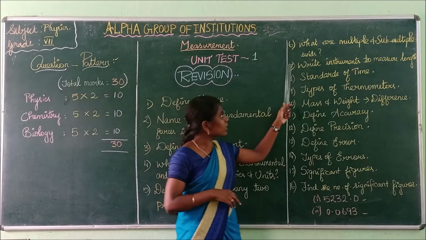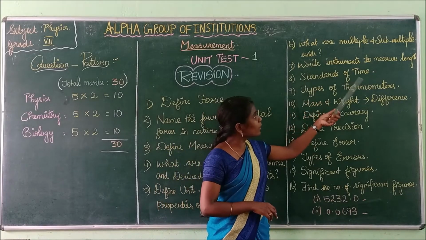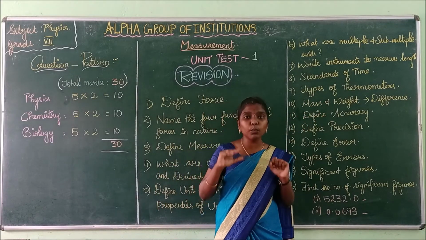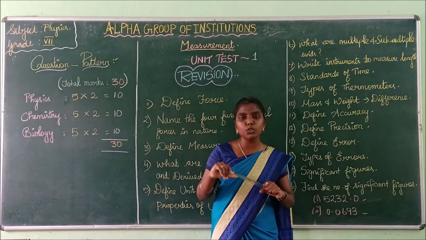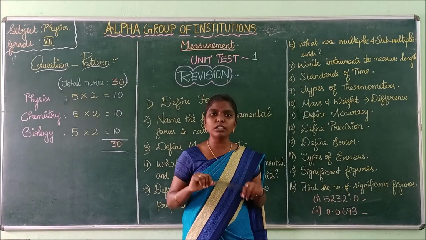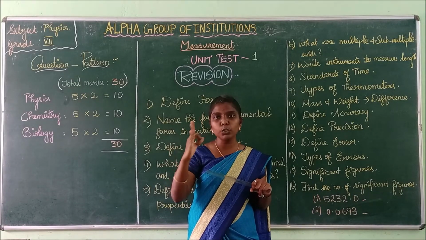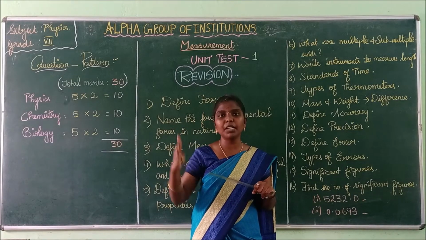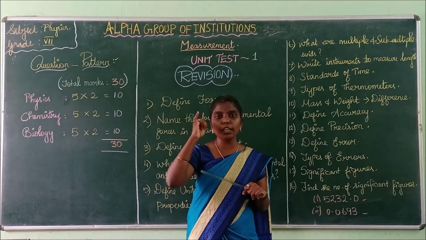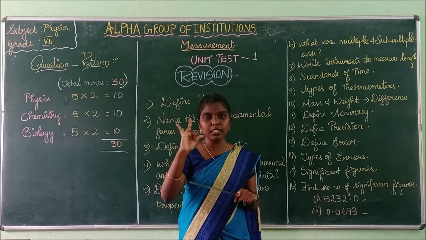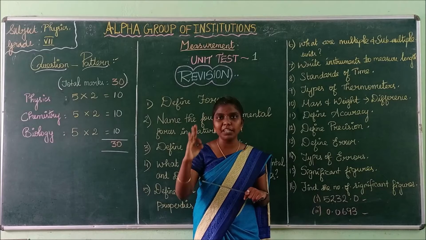Next question. Write the instruments to measure length. What are the various instruments that are used to measure length? Ruler, meter scale, screw gauge, vernier caliper, measuring tape. Read the spelling carefully for screw gauge and vernier caliper.